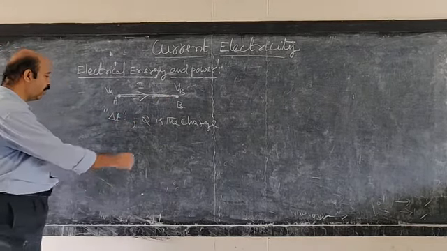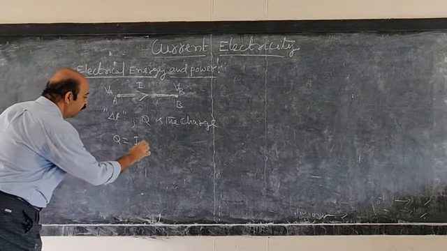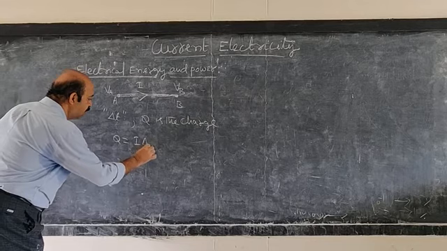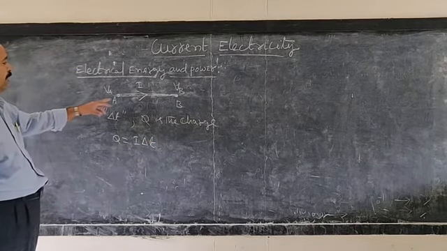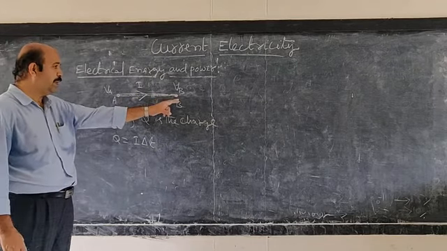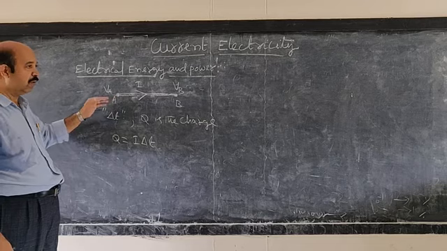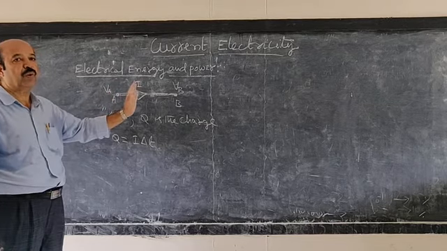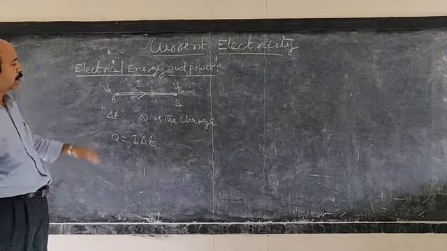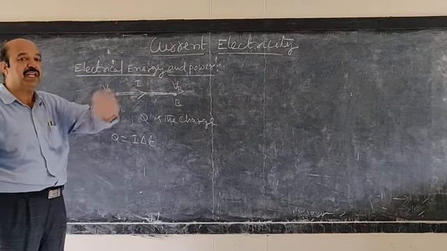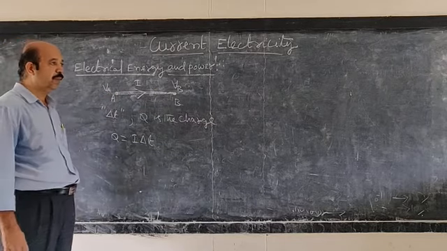Therefore we can say Q is nothing but I into delta t. Now the potential of B is actually less than A. Therefore we know that charges flow from high potential to low potential. So there is a change in potential energy of the charge that has flown from A to B.